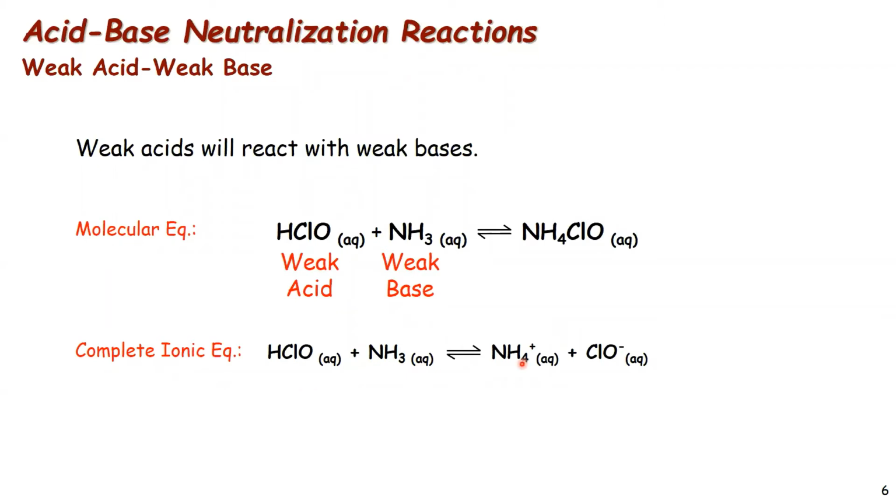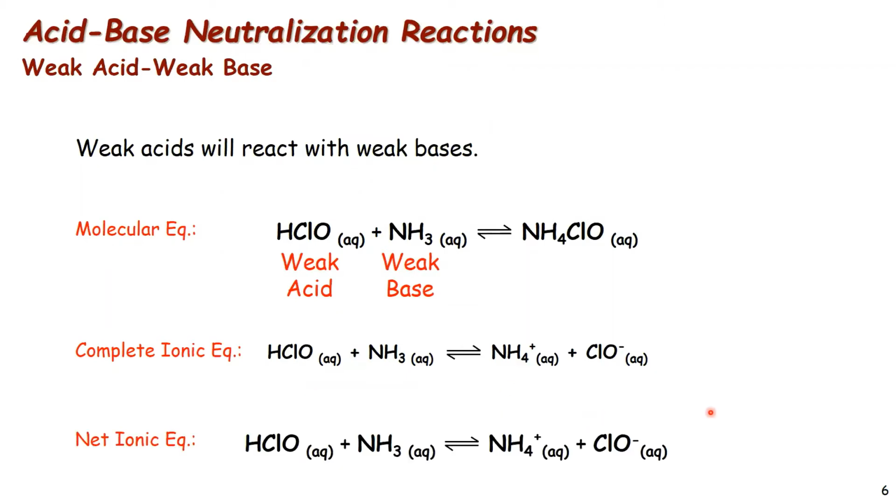So the complete ionic equation is the same as the net ionic equation. So for reactions between weak acids and weak bases, generally we don't cancel anything at all. Okay, any questions with that? So again, this is stuff we knew, but just a quick review.